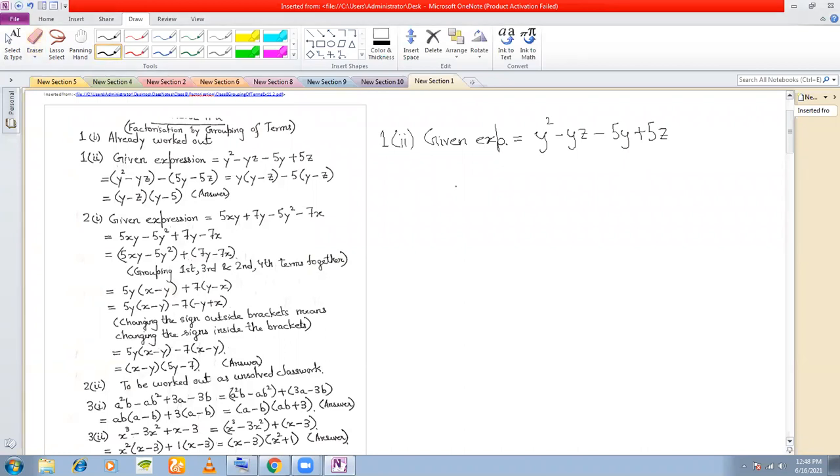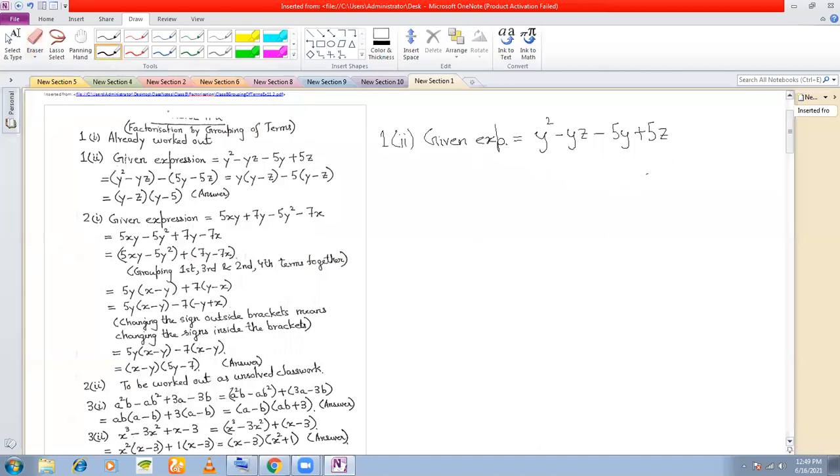Normally you will have to group the terms taking 2 of them together in almost all the problems. Okay, remember this. In almost all the problems, you'll be able to factorize if you take 2 terms together. So you have 4. You can either take the first 2 together, or you can take these 2 together, or you can take these 2 together. Okay, 2 terms together.